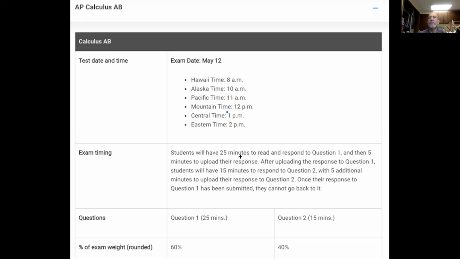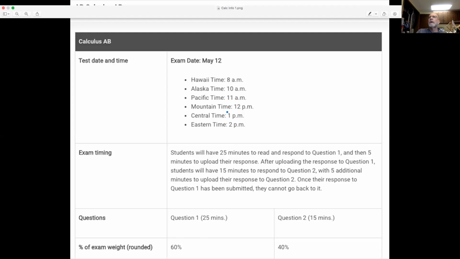Once your response to question 1 has been submitted, you cannot go back. So you have about 25 minutes to figure out question 1 and 15 minutes to figure out question 2. Can you see this okay, Madeline? Do you see this? All right.